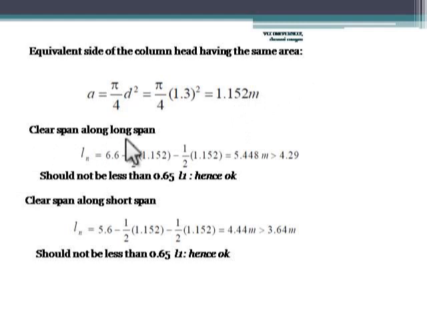Clear span along the long span is equal to 6.65 minus half this side minus half this side, so we got 5.448, that is greater than 4.29. Clear span along longer span, Ln is equal to 5.6 minus half this side minus half this side, so we got 4.44 and it should not be less than 0.65 L1, so hence okay.